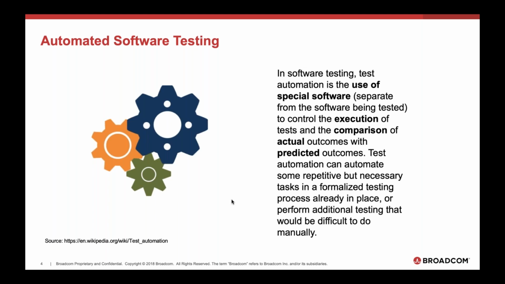Now, test automation is able to automate many of these tests, right? But it's not necessarily that you have to only automate certain parts of testing. It comes down to really the value that you get out of testing. So priorities have to be placed on what is a good candidate for automated testing.